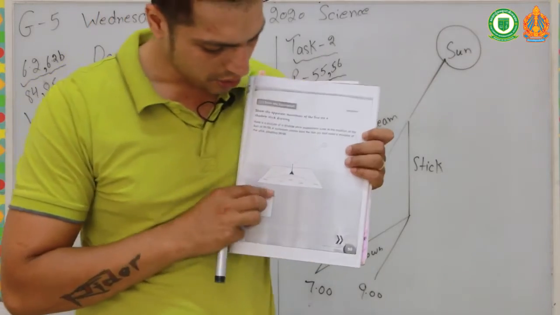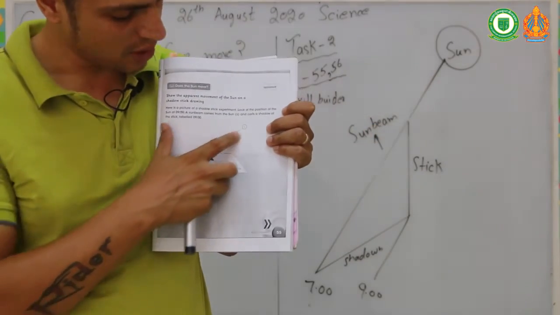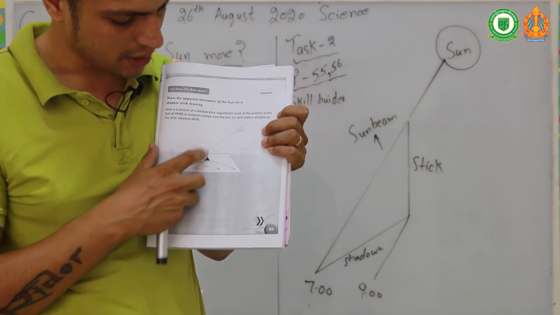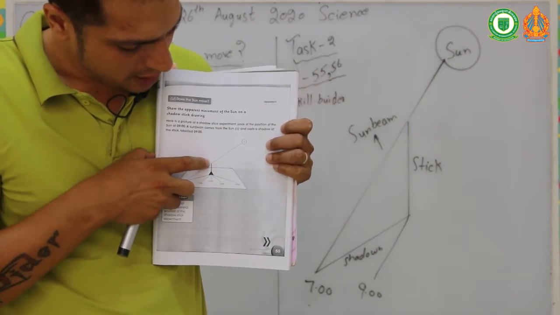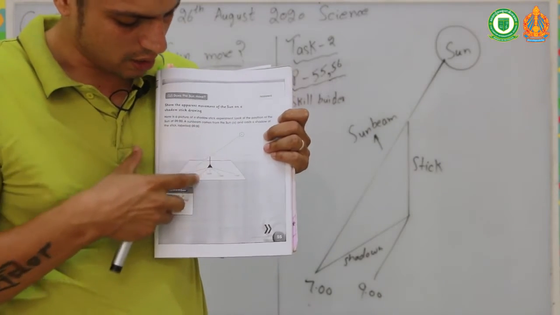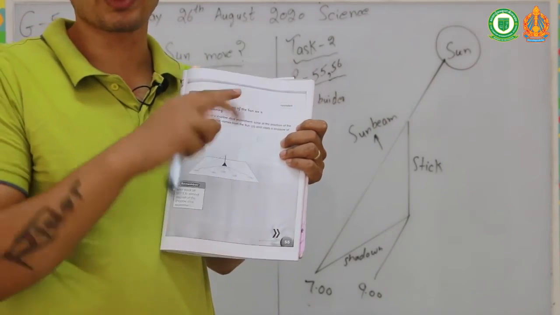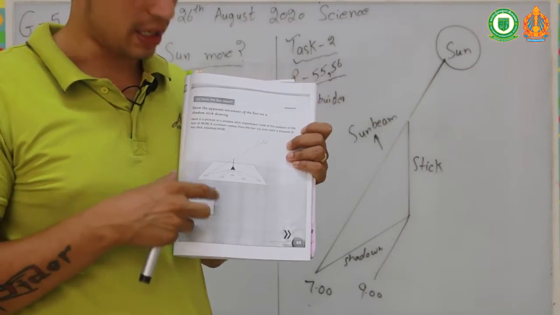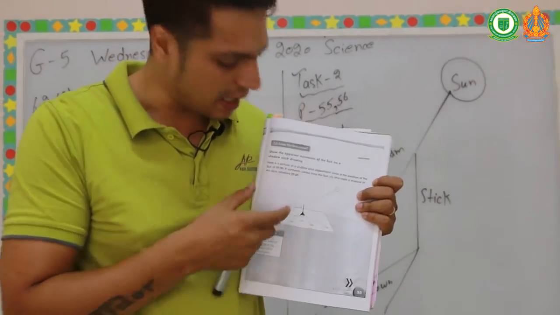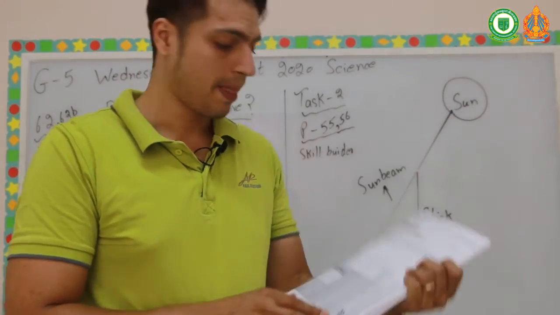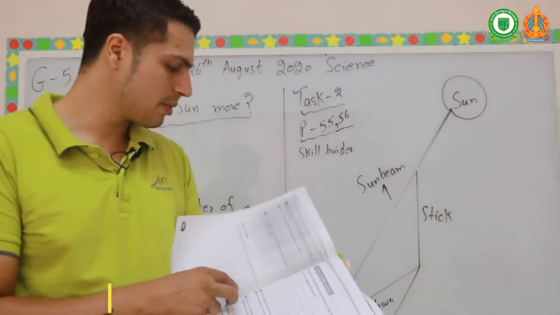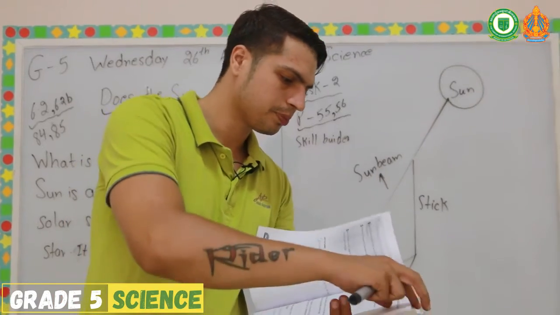So here you need to draw sunbeams like the first one, and this second one. Remember, when you draw sunbeams, start from here, across this one and then straight. Do not make any angles or any curves. It should be a straight line, like this one. So make the sunbeams. And next question.